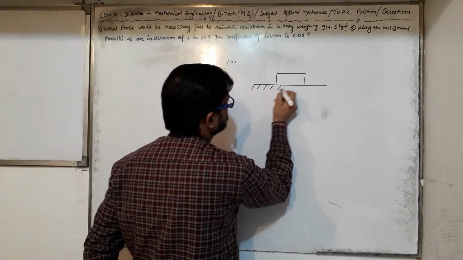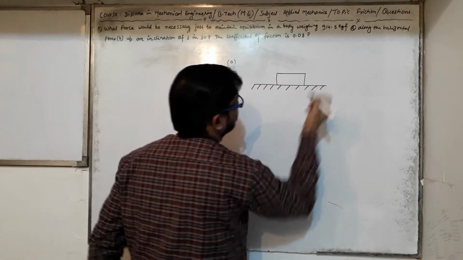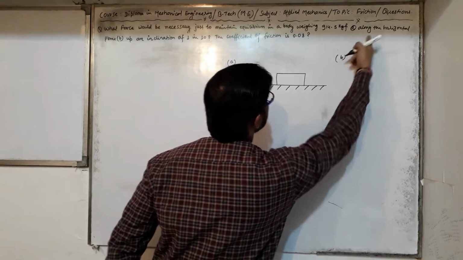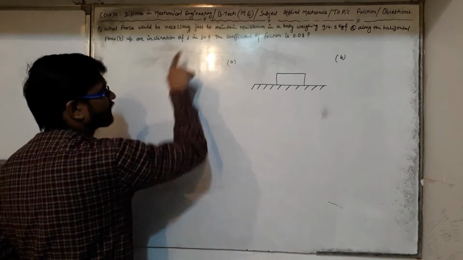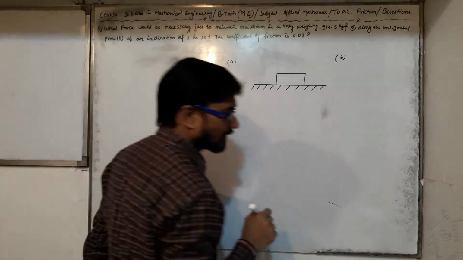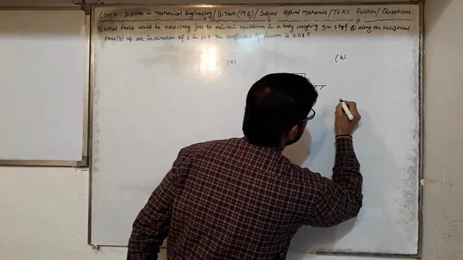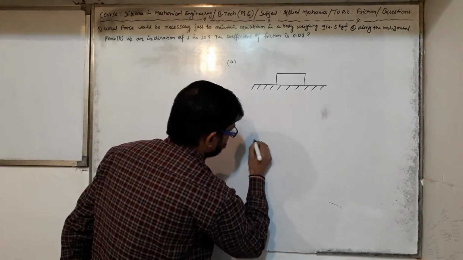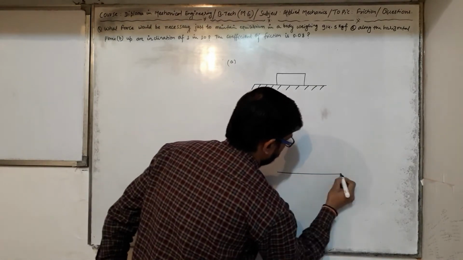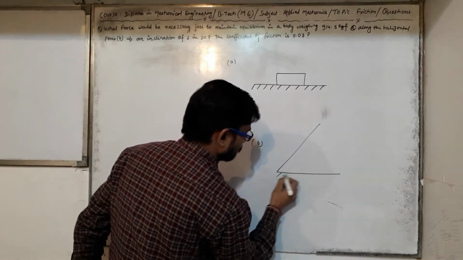This is the surface upon which the body is kept, and in the second bit, the question says up an inclination of 1 in 10. It means the case of an inclined plane, the body is kept on an inclined plane.